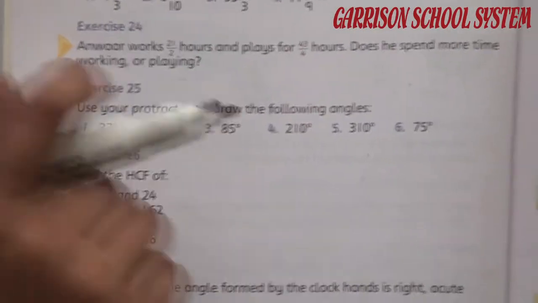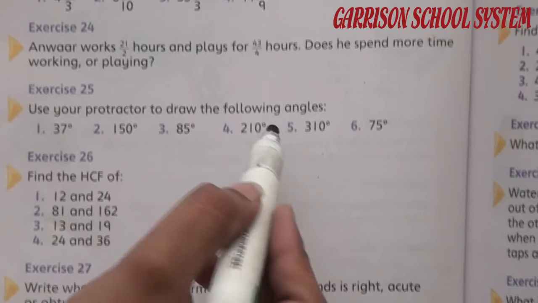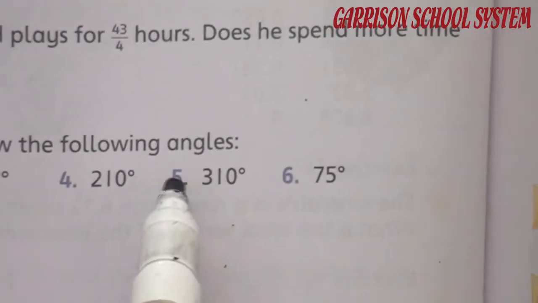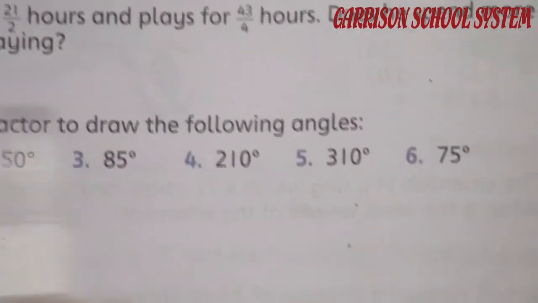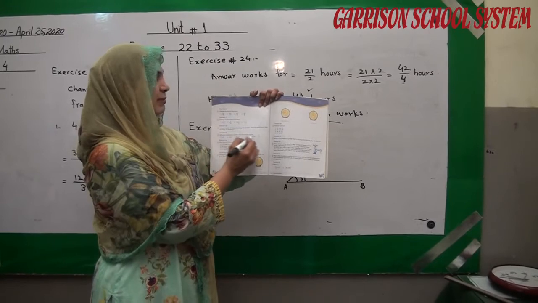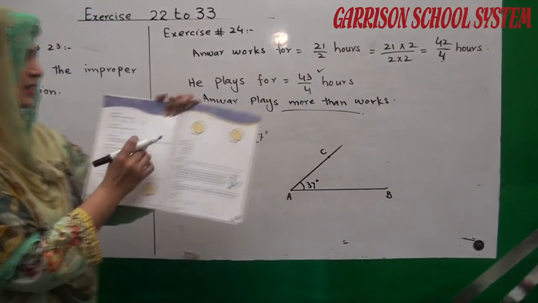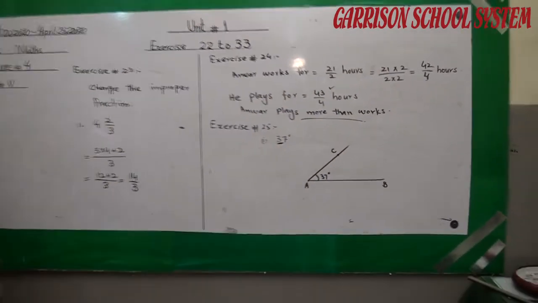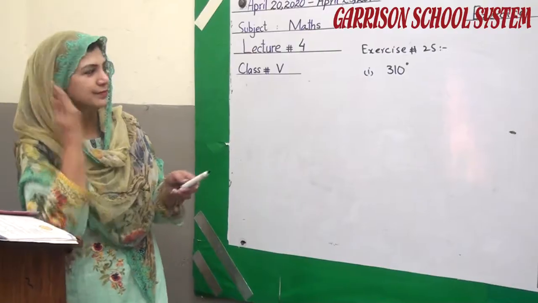Let's start to solve any other part. For example, we will take the part number 5. How to draw the part number 5, and afterward all the remaining parts you can do by yourself. So let's start to solve the part number 5.